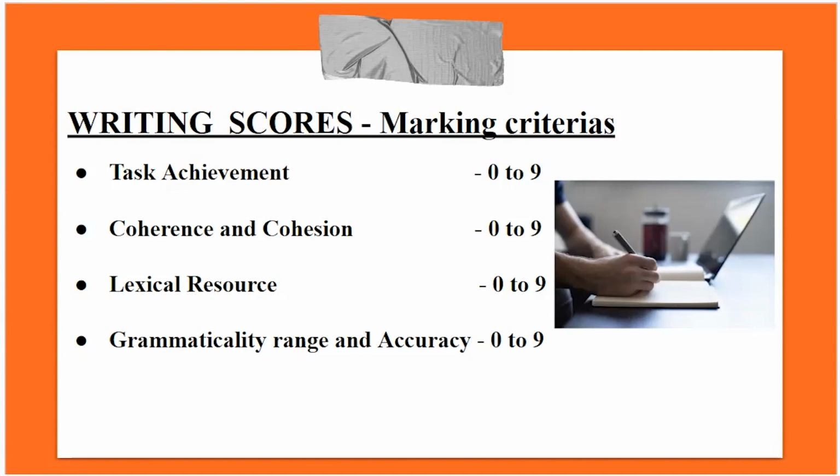Try to gather new words and add new meanings to your sentences so as to give the outlook of an excellent or perfect answer to the question. And the fourth one is grammatical range and accuracy. Grammar and how we choose words and frame sentences does matter in IELTS.